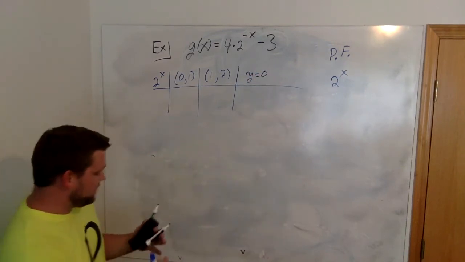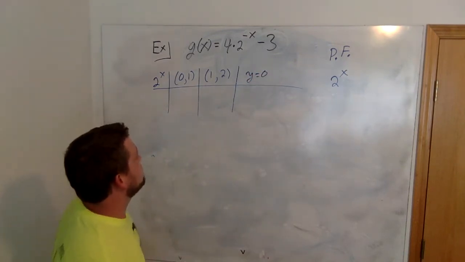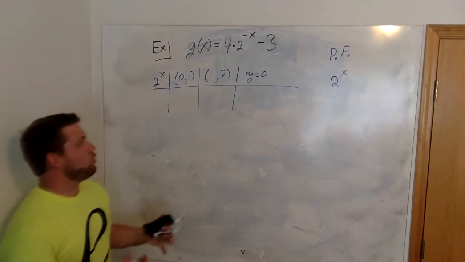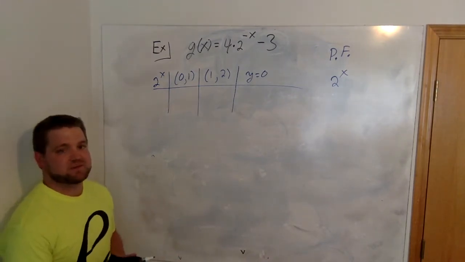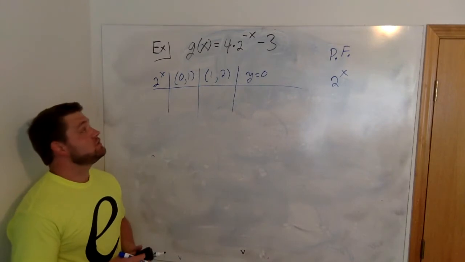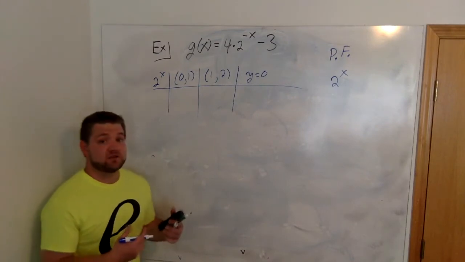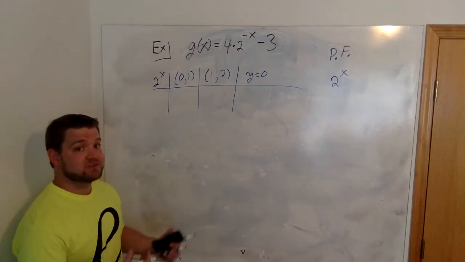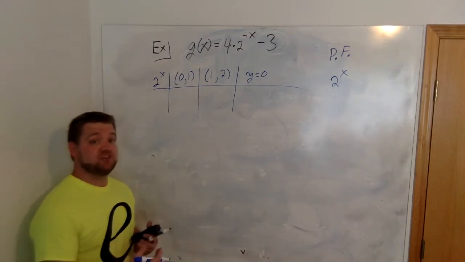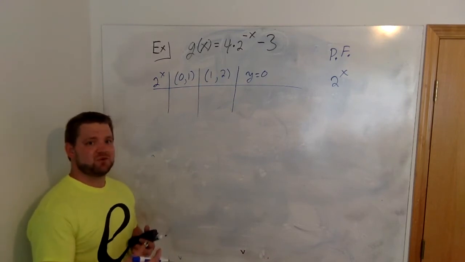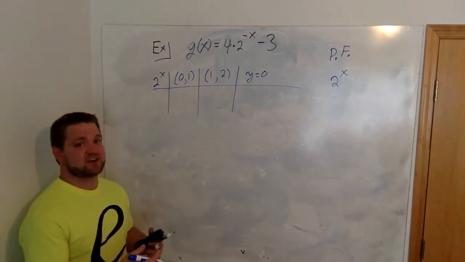So a good question we should ask ourselves is, does it matter which order we do those 3 transformations in? And yes, it does. So the way you want to think about it is order of operations, PEMDAS. Remember, we have to do multiplication and division before we do addition and subtraction.